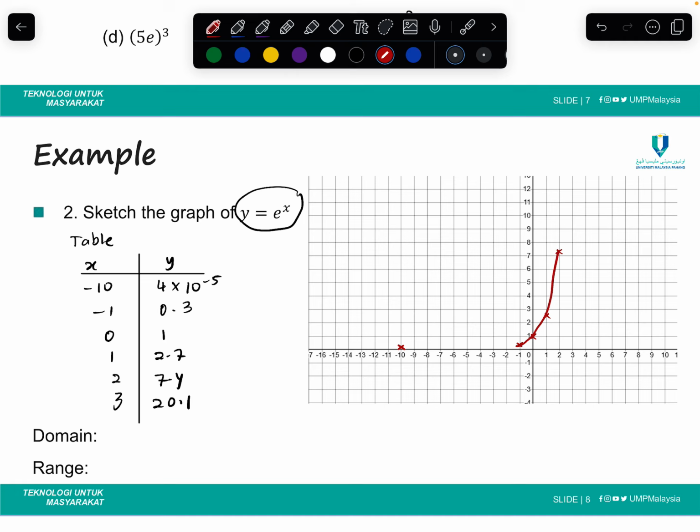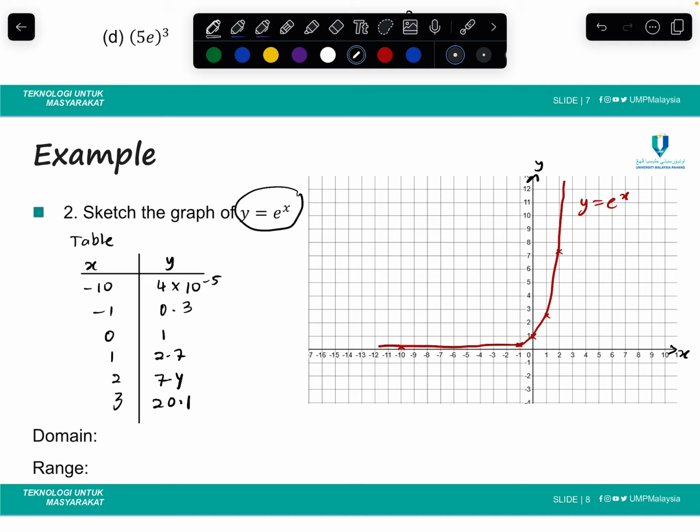You just draw a smooth curve with the growth trend on the right hand side, while on the left hand side it approaches 0 but does not touch 0. Okay, it's like this. So this is y equal to e to the x, with the labeling of the y-axis and the curve. So that is the sketching.